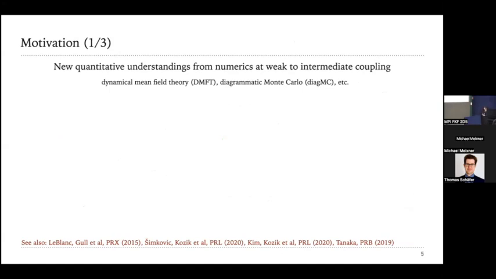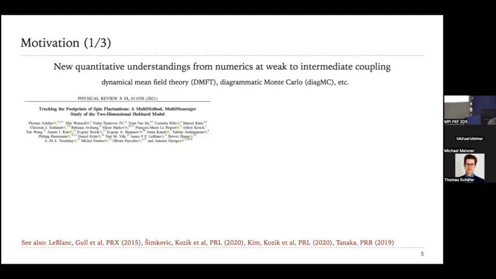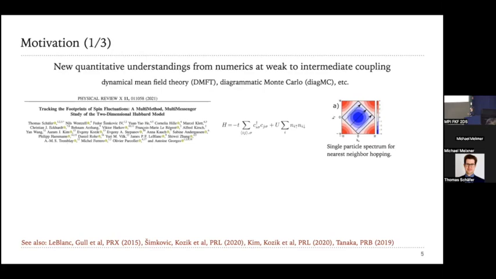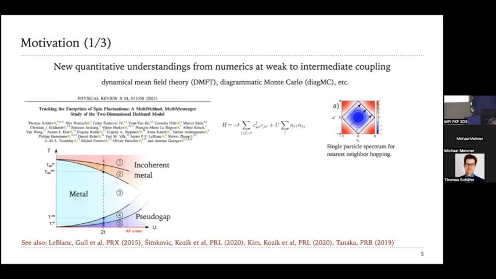First, there has been new quantitative understanding from numerics, from the weak coupling to intermediate coupling regime, using DMFT and diagrammatic Monte Carlo. In this very nice work led by Anton, they studied the Hubbard model at half-filling with nearest neighbor hopping. This is the phase diagram they obtained.